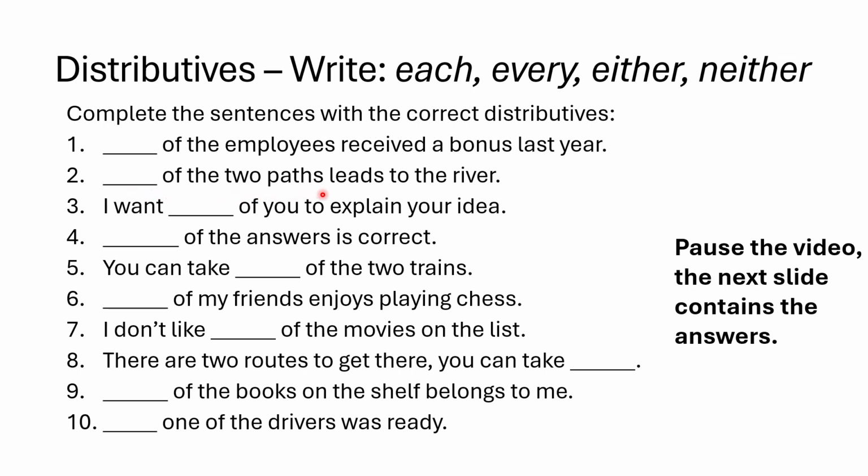Of the two paths leads to the river. 3. I want of you to explain your idea. 4. Of the answers is correct. 5. You can take of the two trains.